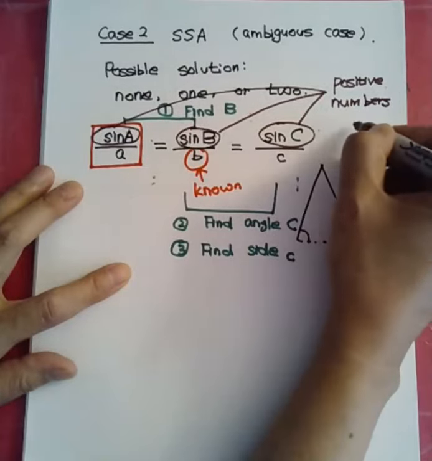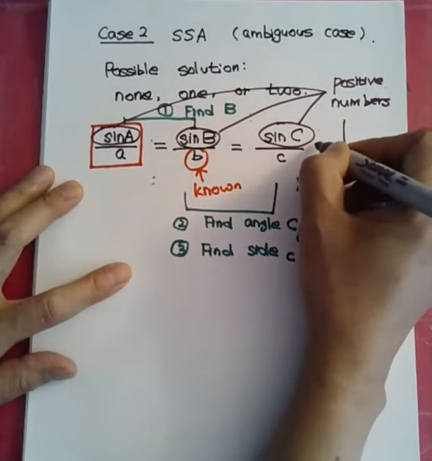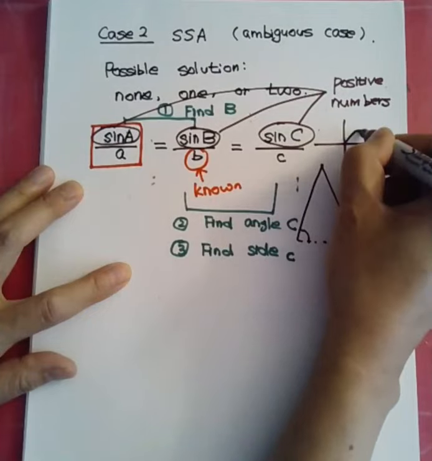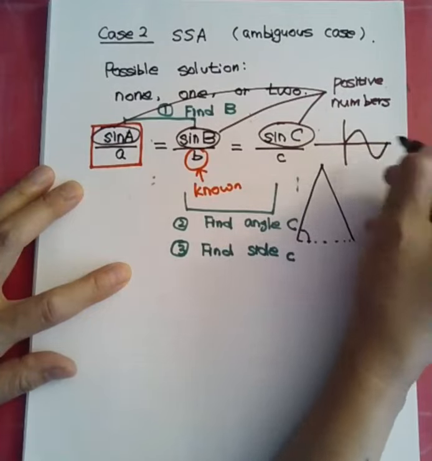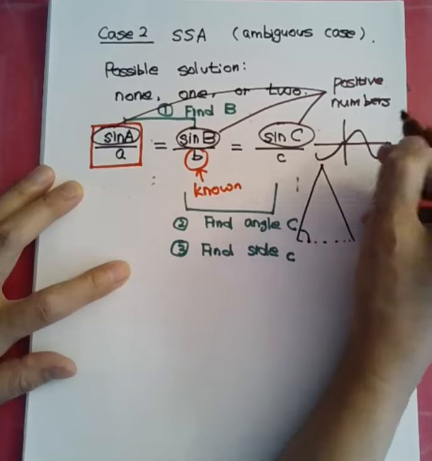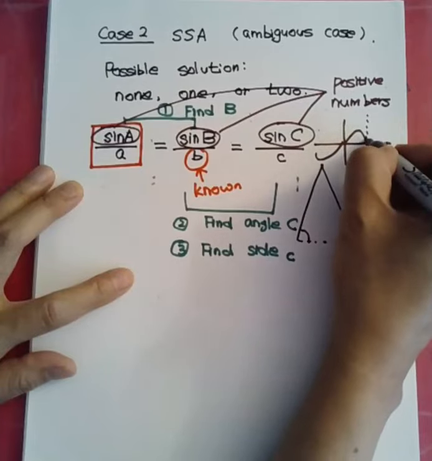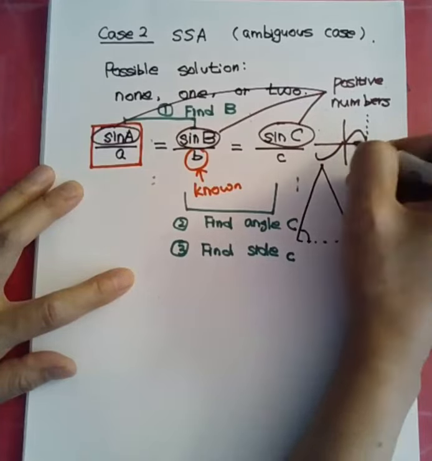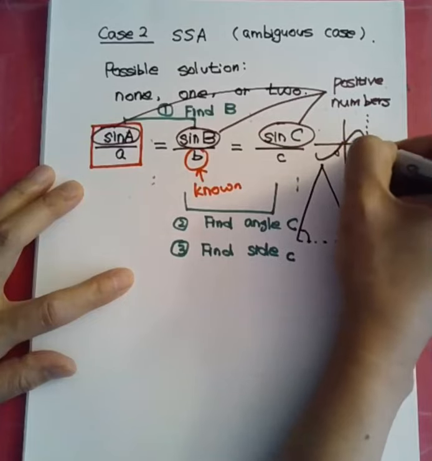Why is that? That is because the graph of sine function looks like this. And the internal angle ranges between 0 and pi.